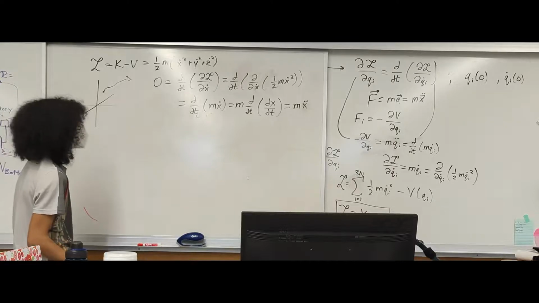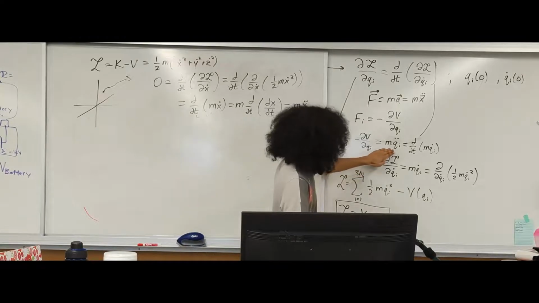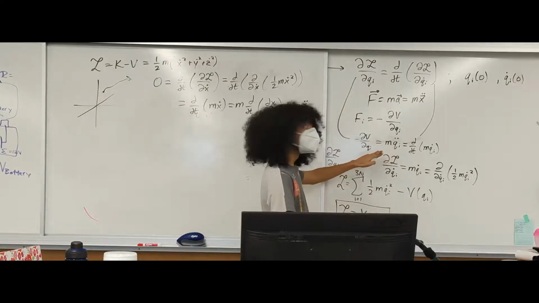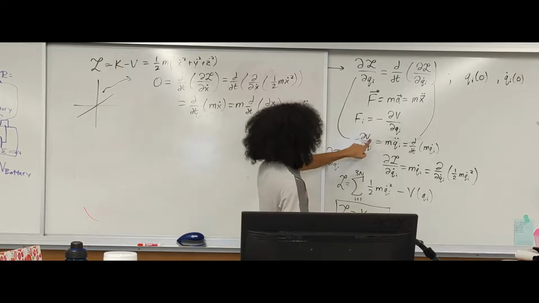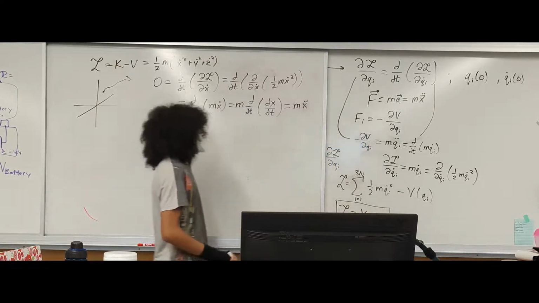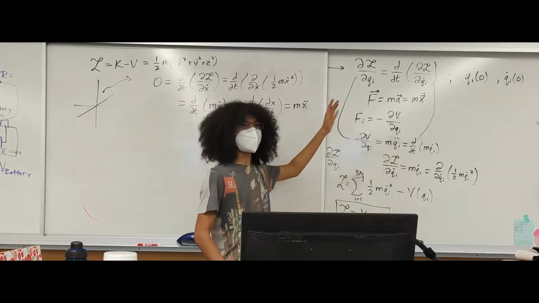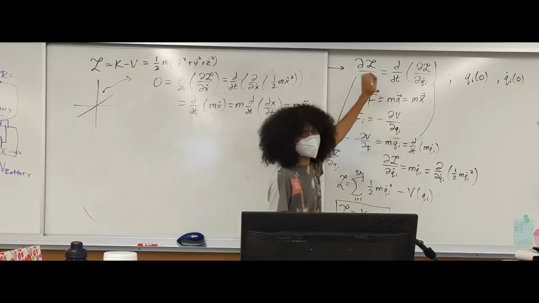Okay? So it's just the same as this, right? But there's no potential energy, so this side is 0. I could have just directed you to this, but I want to make sure that you're comfortable with the idea of going through this process.